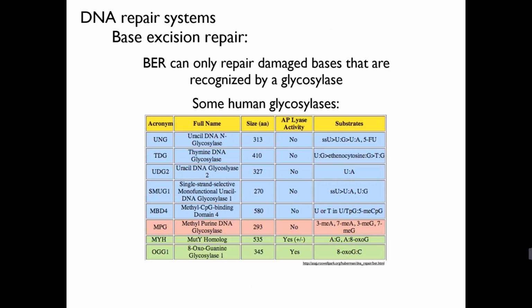As I mentioned, the whole process of BER is limited by the presence of specific glycosylases. And so I've listed in this table a number of human glycosylases, and I want to show you them as a theme so that you can appreciate what kind of damage this pathway is used to address. So the ones that are at the top, all in blue, are specialized for removing U. So a lot of the pathway's functionality, as you can see, is devoted to removing uracil in DNA.